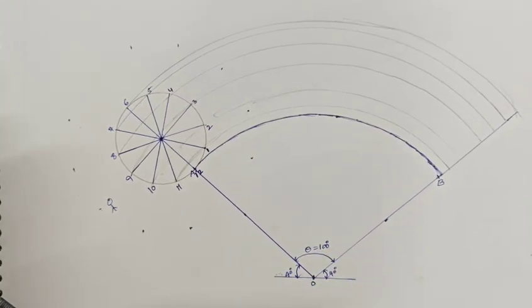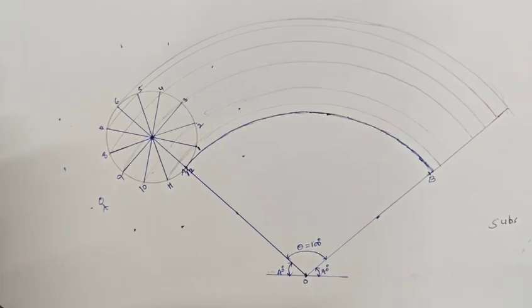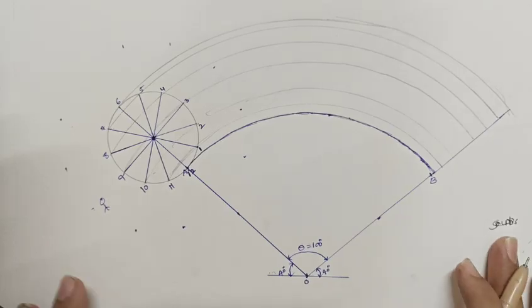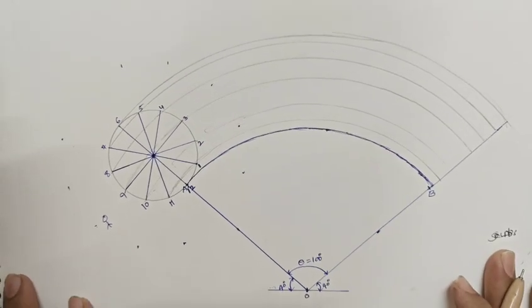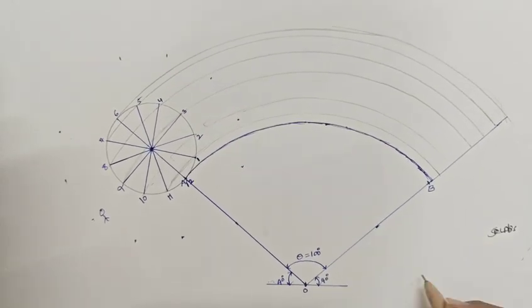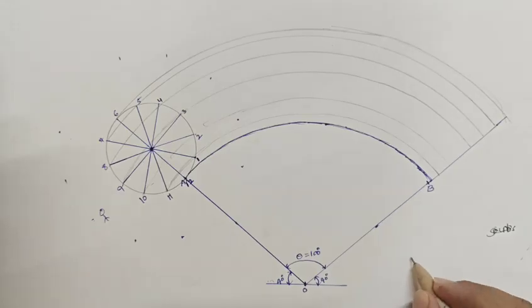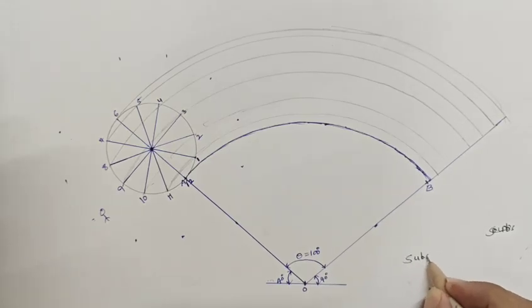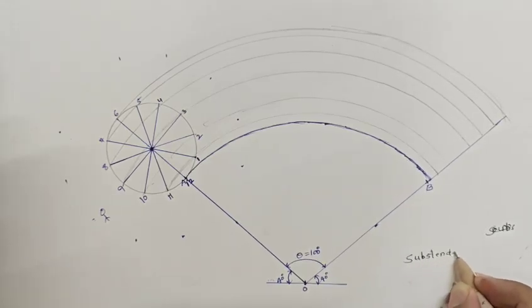Let us see. So we can write here the subtended angle. I hope it is visible. I will write at the top. Okay, here I will write subtended angle.